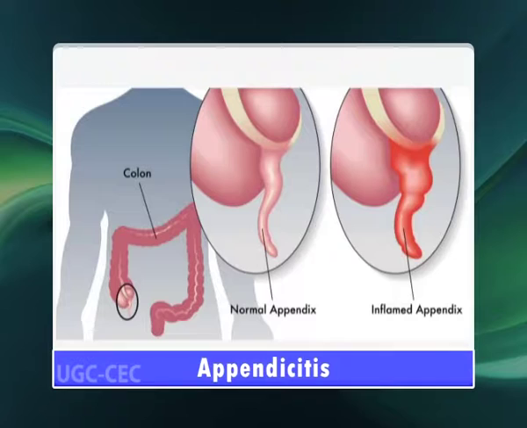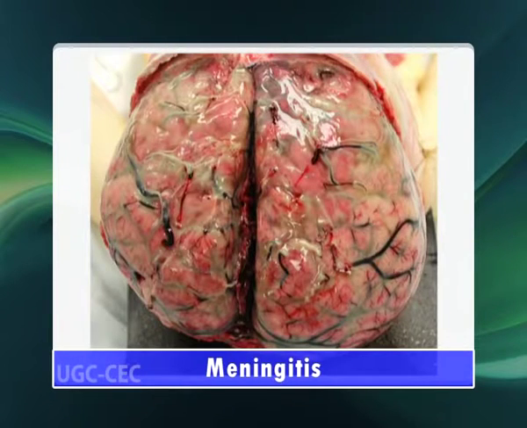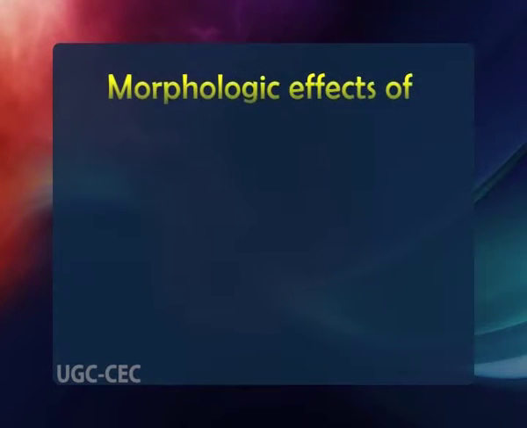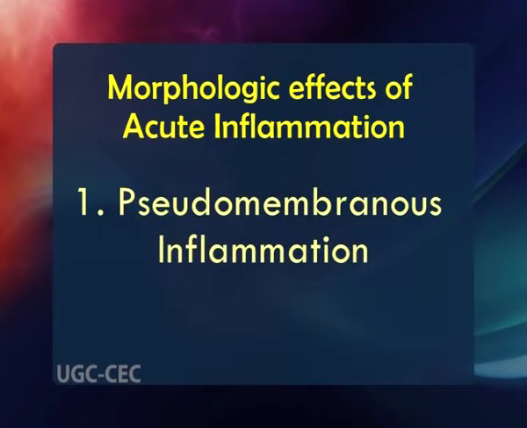Inflammation of an organ is usually named by adding the suffix itis to its Latin name. For example, appendicitis, hepatitis, cholecystitis, and meningitis. A few morphological effects of acute inflammation are as follows. First, pseudomembranous inflammation.